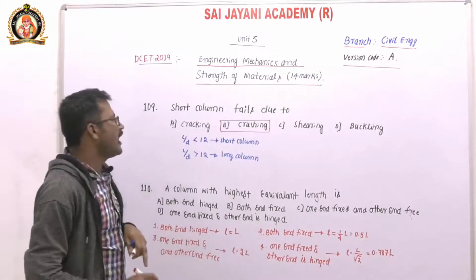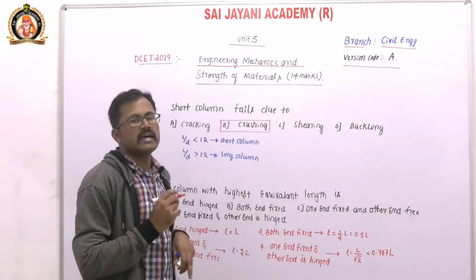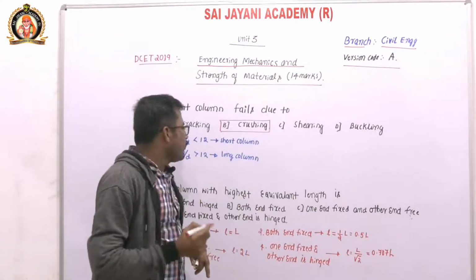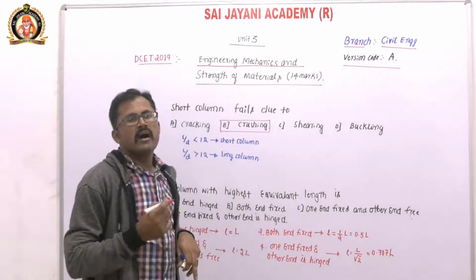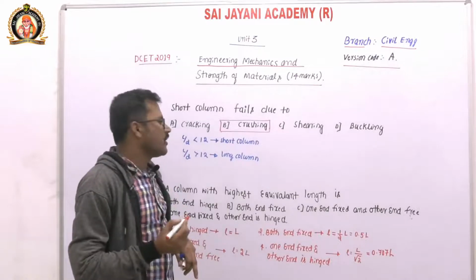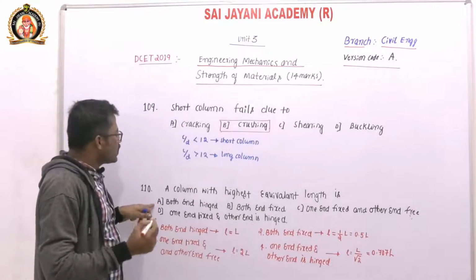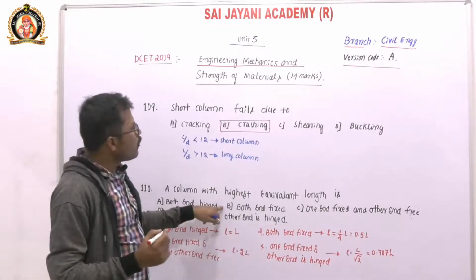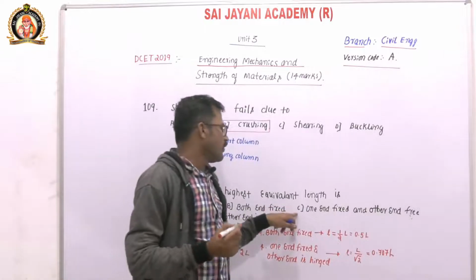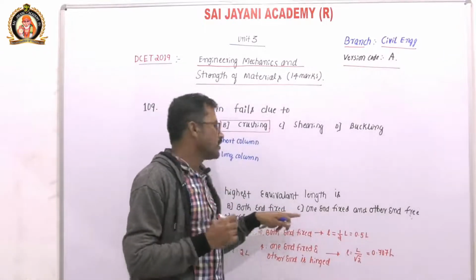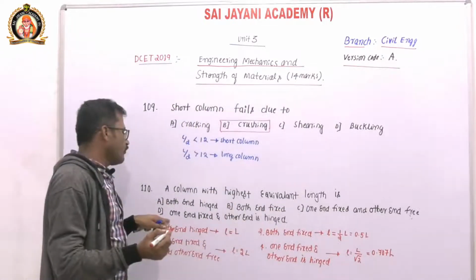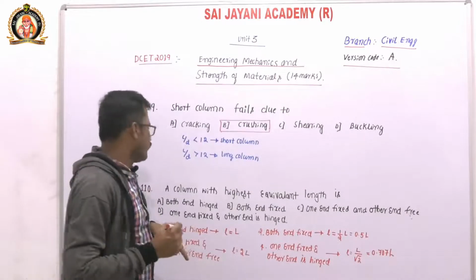So the question is asking about the equivalent length. Which column has highest equivalent length under the following conditions?